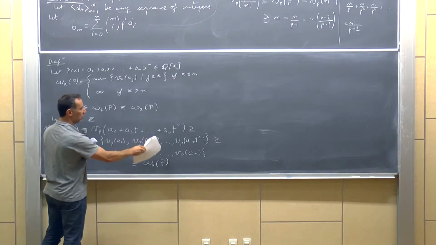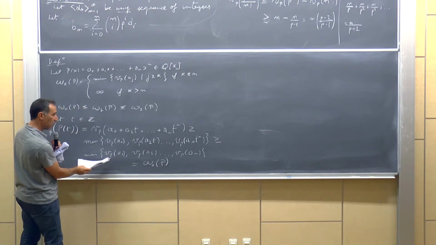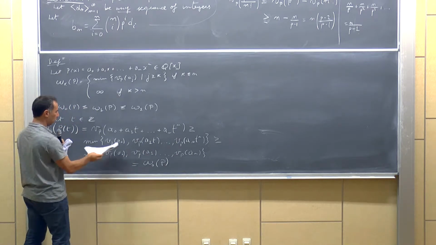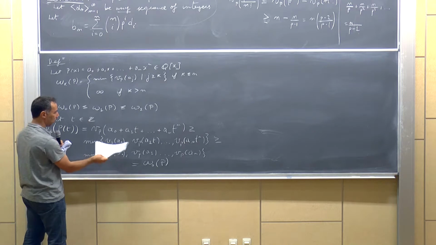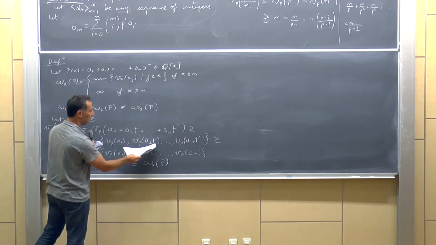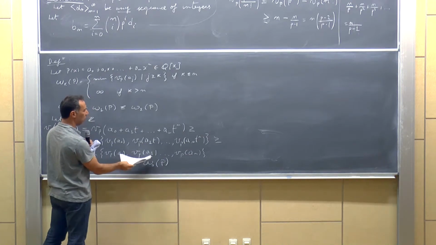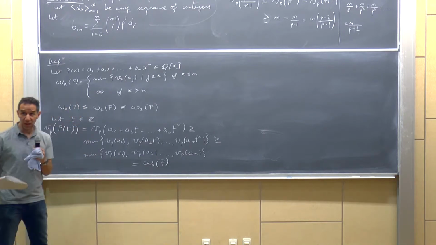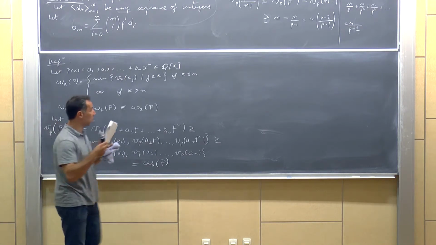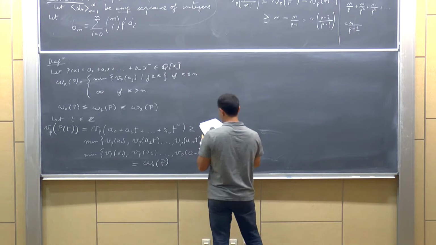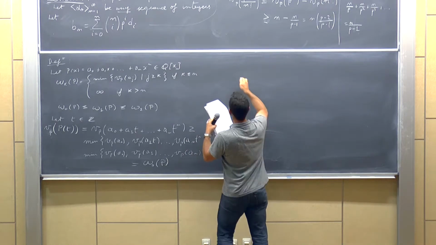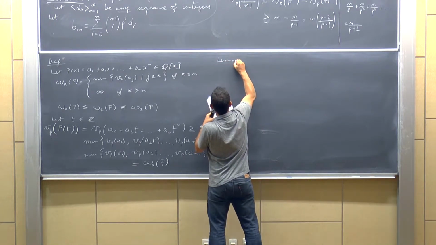So by dropping these terms, the p-adic valuation of a1t is certainly bigger than or equal to the p-adic valuation of a1 for t an integer. Okay, so this is how I get this, and now another lemma.